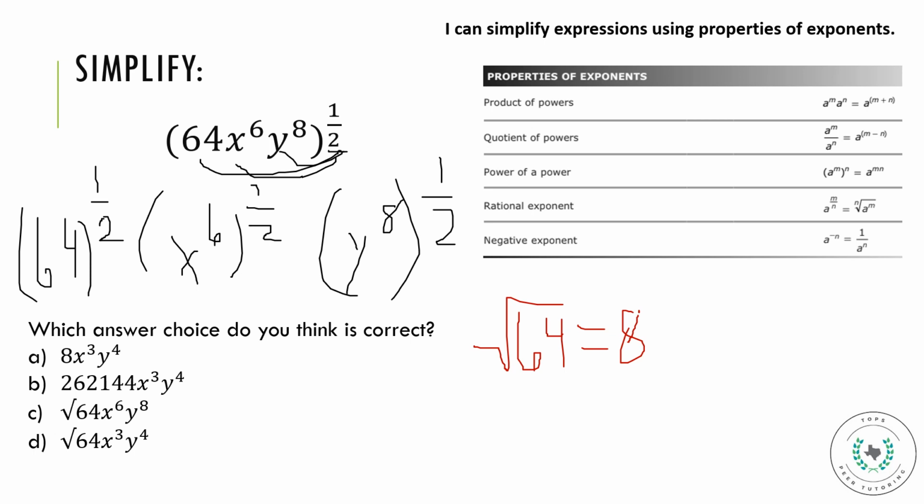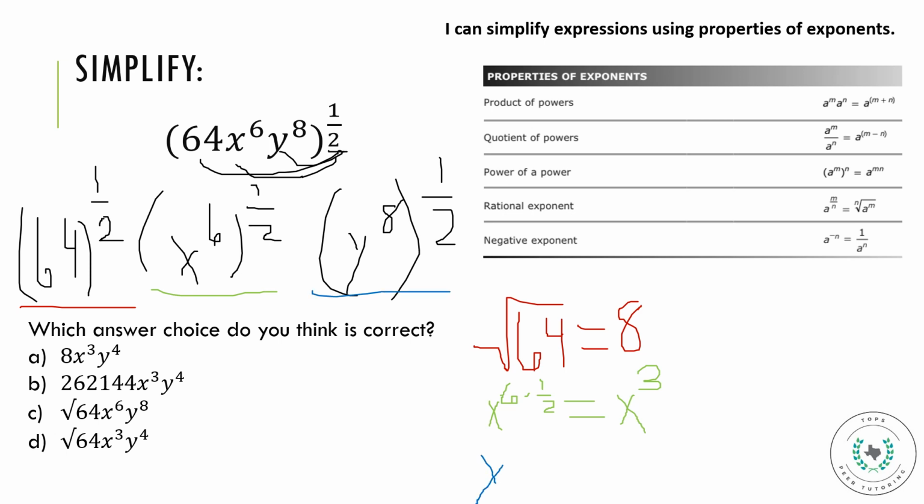Alright, now let's work on the x value. So here we have x 6 times 1/2, or 6 divided by 2. Either way, we're going to get x to the power of 3, also known as x cubed. We can do the same thing with this y value.